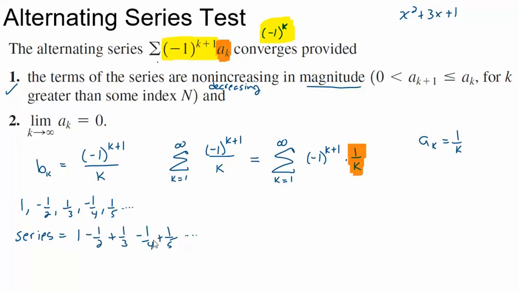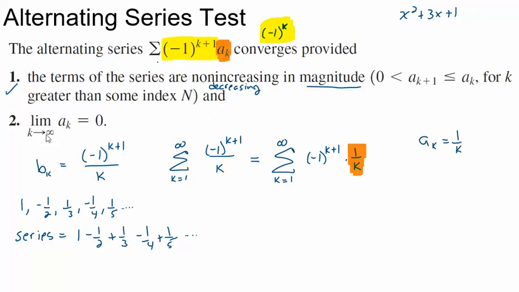The terms of the series are synonymous with the values of the sequence. The terms of the sequence are the terms of the series. They're kind of the same thing. All right, so that's met.